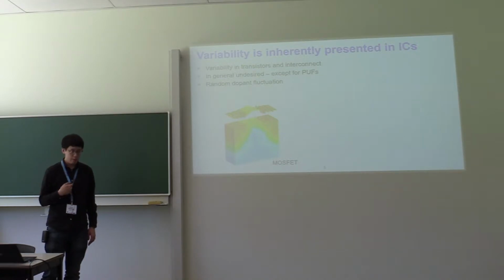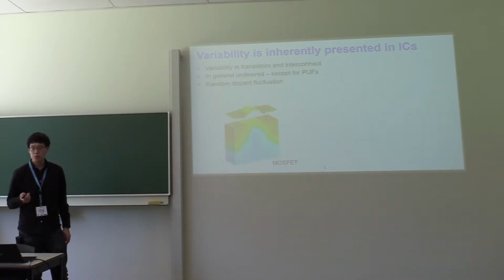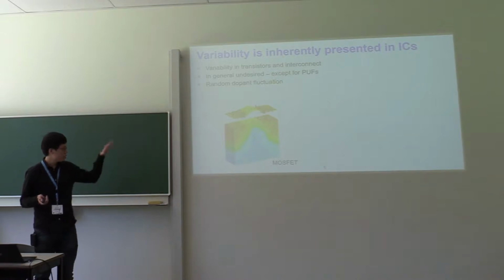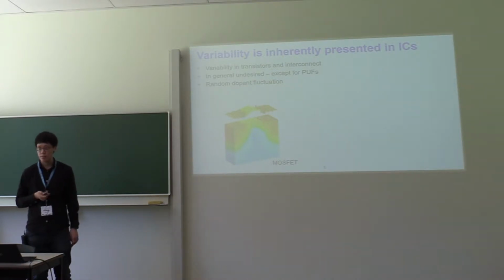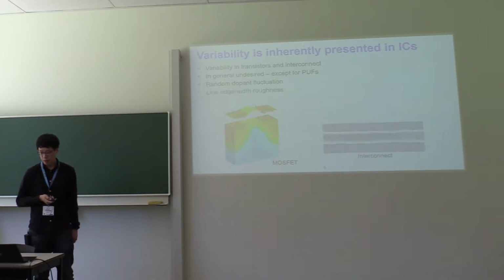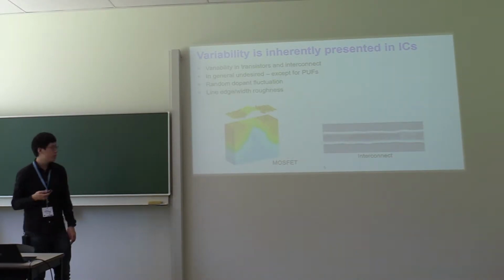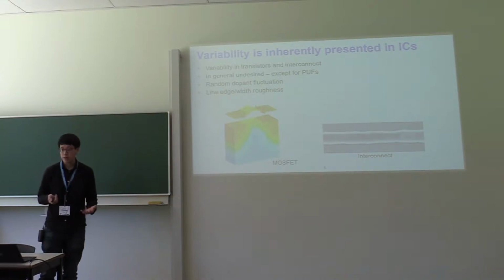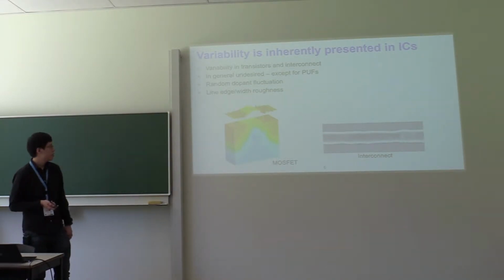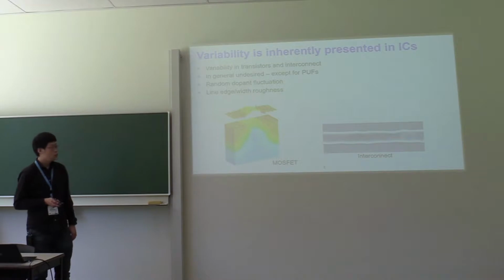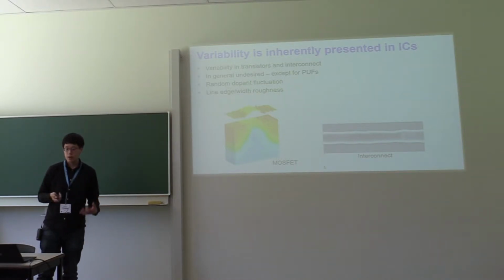The variations can come from random dopant fluctuation, as you see here in the cross section of a transistor, and you cannot always get the dopant as you like. For the interconnects, you do not always have the same width, so it can have variability too.